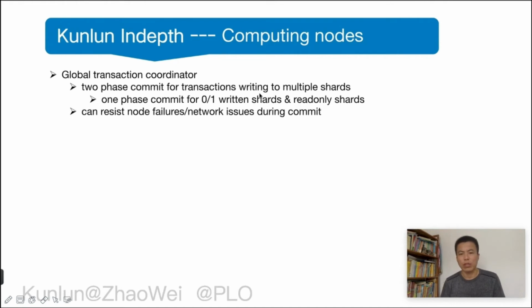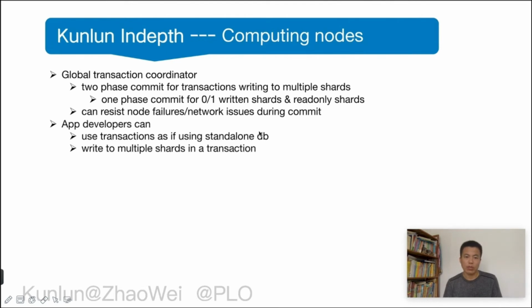That means if a computing node crashes, or the primary node crashes, or all their connections disconnect during a global transaction commit, the global transaction will be in a consistent state. It will either be totally aborted or it will commit successfully. With this feature, application developers can use transactions as if they are using a standard database. And they can write to multiple storage shards in a transaction.